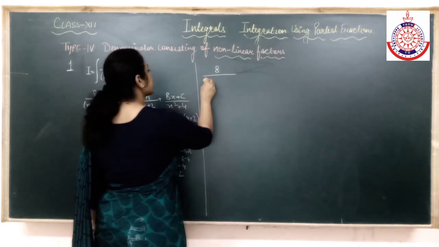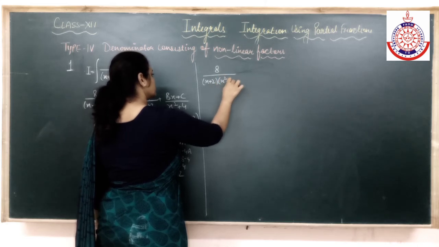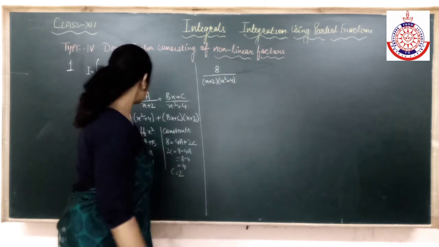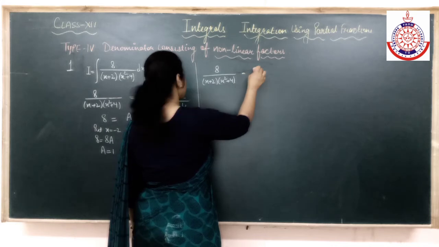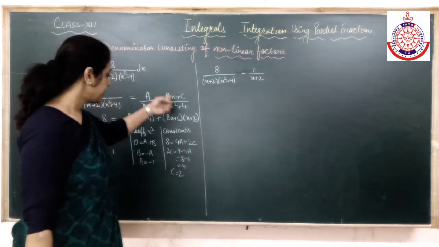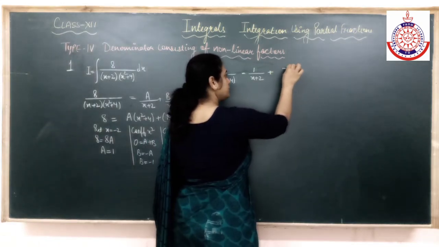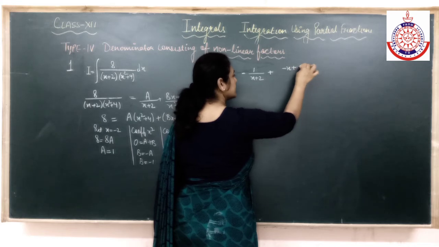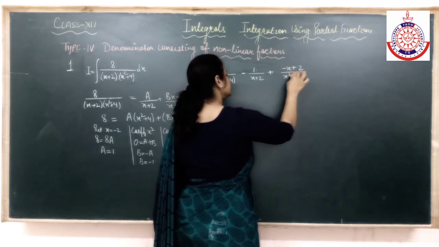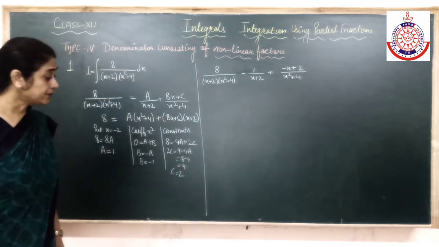So it will be written as bx plus c, put the value. b is minus 1, c is 2 upon. Alright, here.